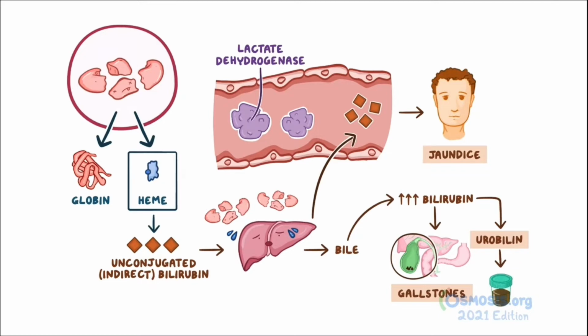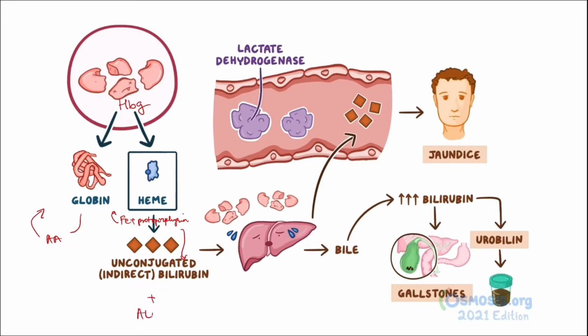So you have hemoglobin, and hemoglobin breaks down into heme and globin. Globin just becomes amino acids and is taken up and recycled. Heme, on the other hand, as you know, is iron and protoporphyrin. Iron gets recycled. Protoporphyrin converts to unconjugated bilirubin.